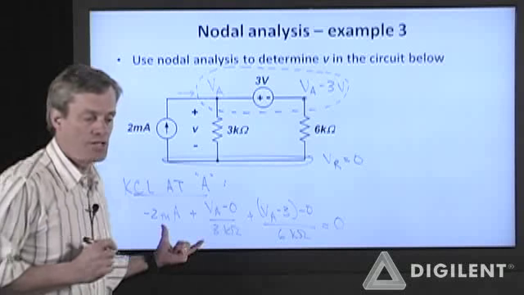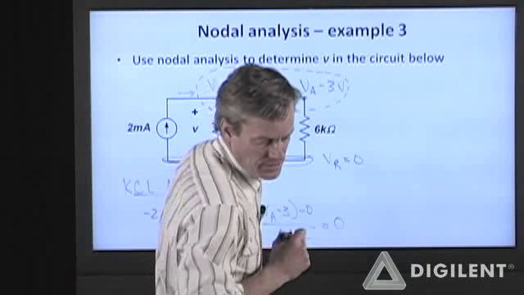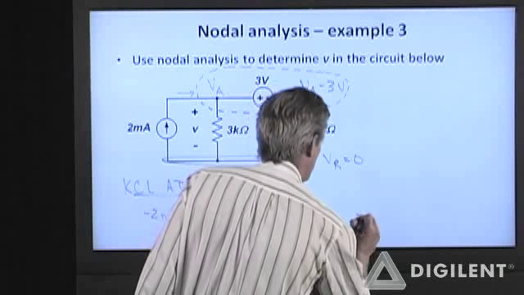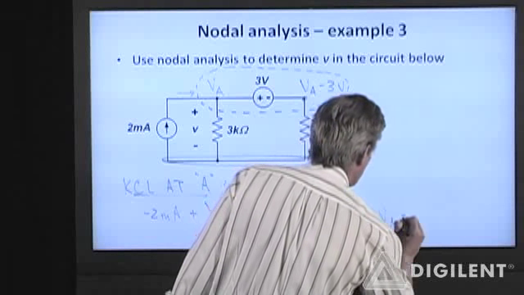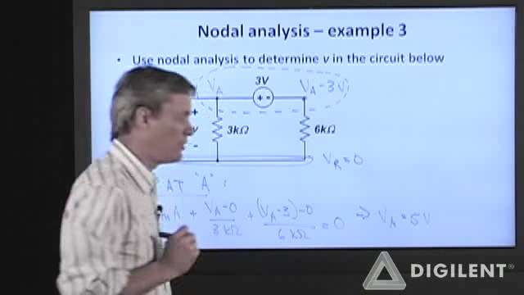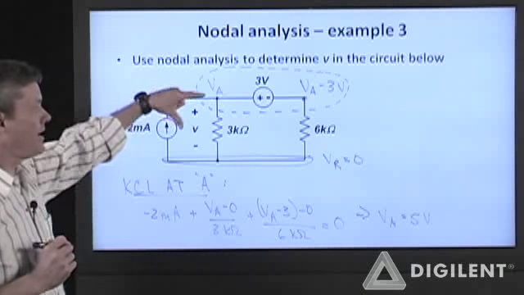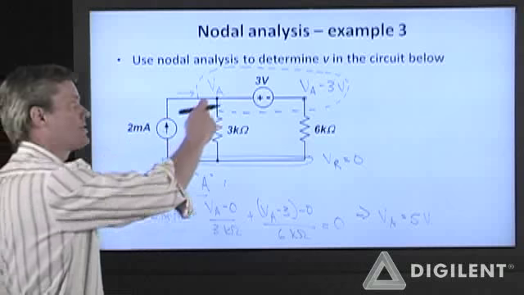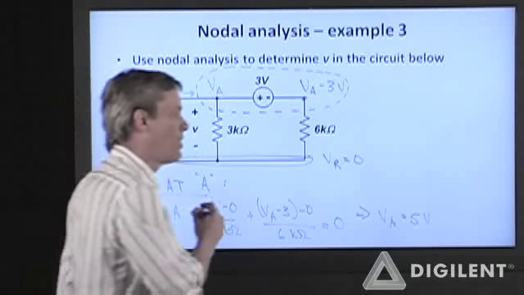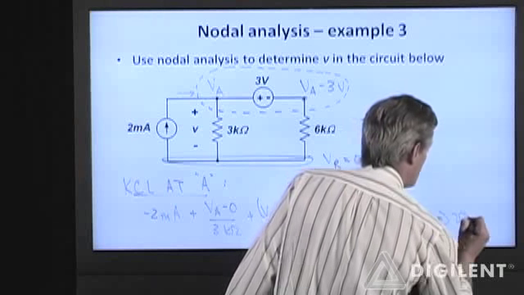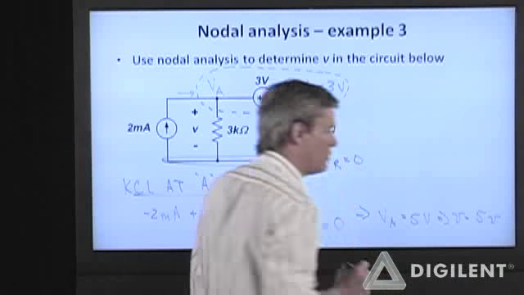This is one equation and one unknown. I solve that and get V sub A is equal to 5 volts. In that case, this V is just V sub A minus 0, so V is equal to 5 volts.